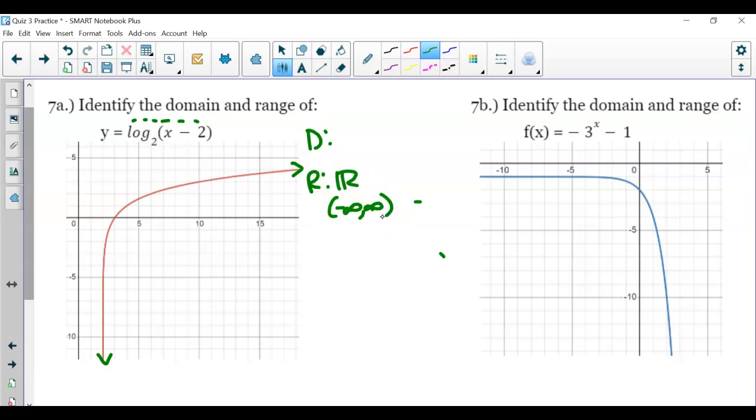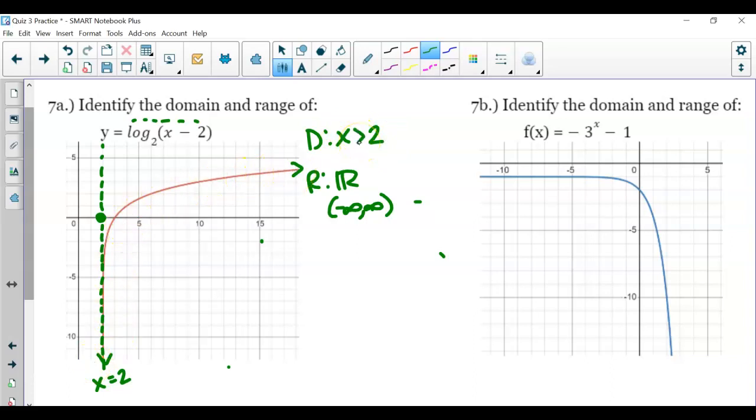However, the domain is constantly going to the right, yes, but notice how we're not constantly going to the left here because of the asymptote. So notice how that graph is approaching but never reaching at x is equal to 2 here. So that means the domain is not going past that asymptote.